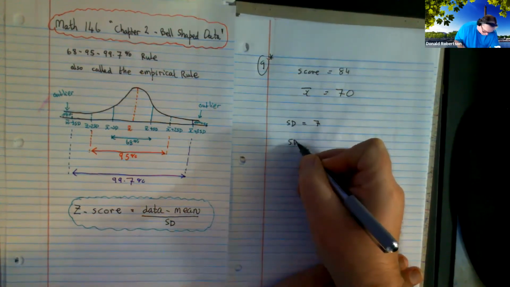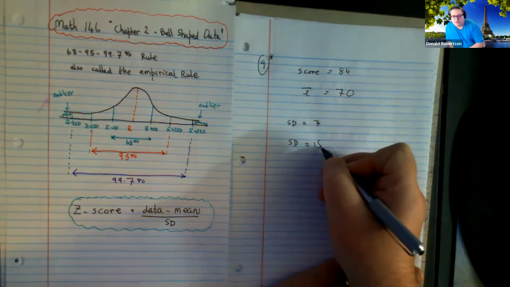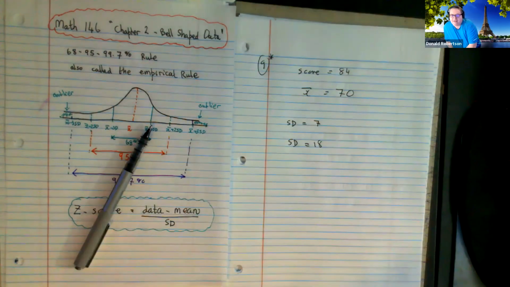In other words, you want that 84 to be a really good score in this class. Which of those two standard deviations would make a score of 84 more difficult to get? A standard deviation of 7 or a standard deviation of 18. All you're meant to do is pick one of them.